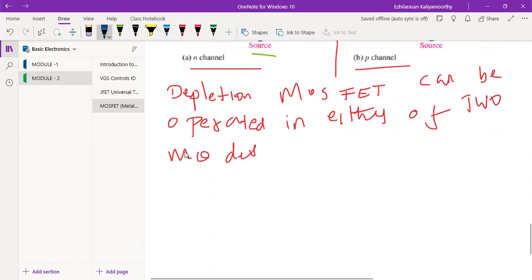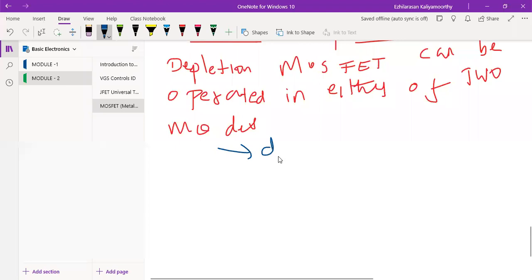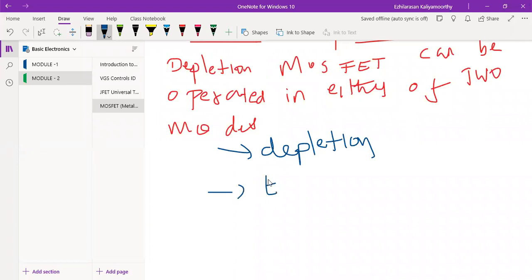What are those modes? The one is depletion mode. The other is enhancement mode.